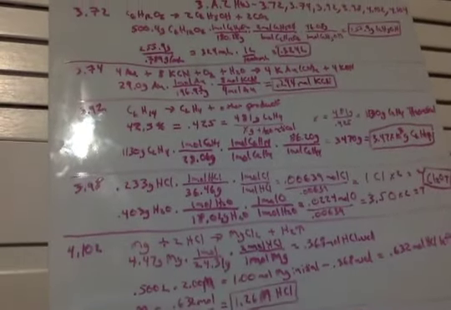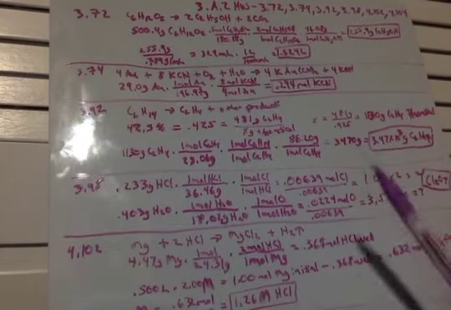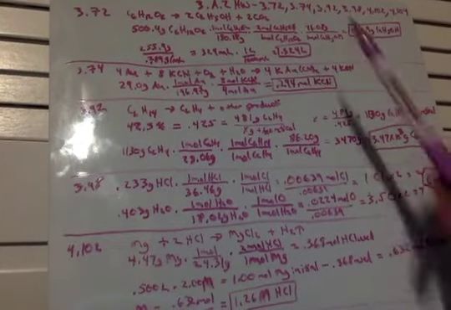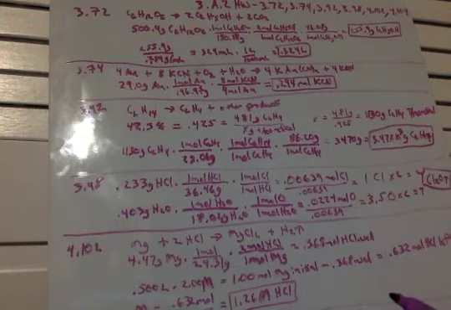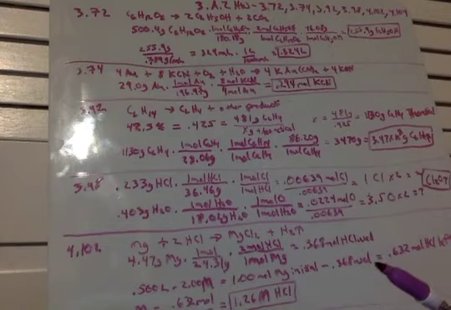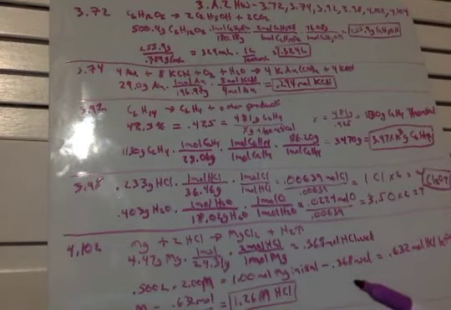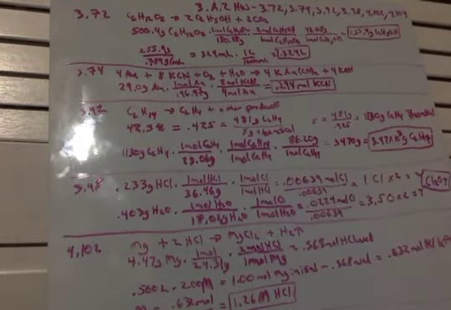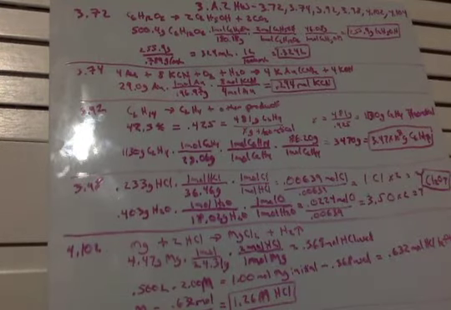3.74 talks about the reaction between gold and potassium cyanide, oxygen and water, to make the potassium and gold cyanide product and potassium hydroxide. So the moles of KCN needed to get 29 grams of gold, or an ounce of gold.